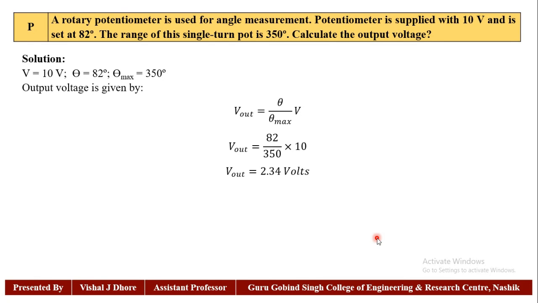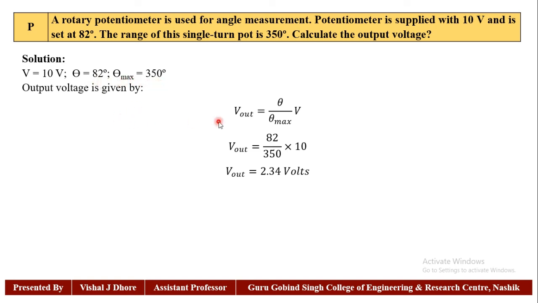Now the second numerical: a rotary potentiometer is used for angle measurement. The potentiometer is supplied with 10 volt and is set at 82 degree. The range of this singleturn pot is 350 degree. Calculate the output voltage. So the voltage is 10 volt, the angle is 82 degree, and the maximum angle is 350 degree.